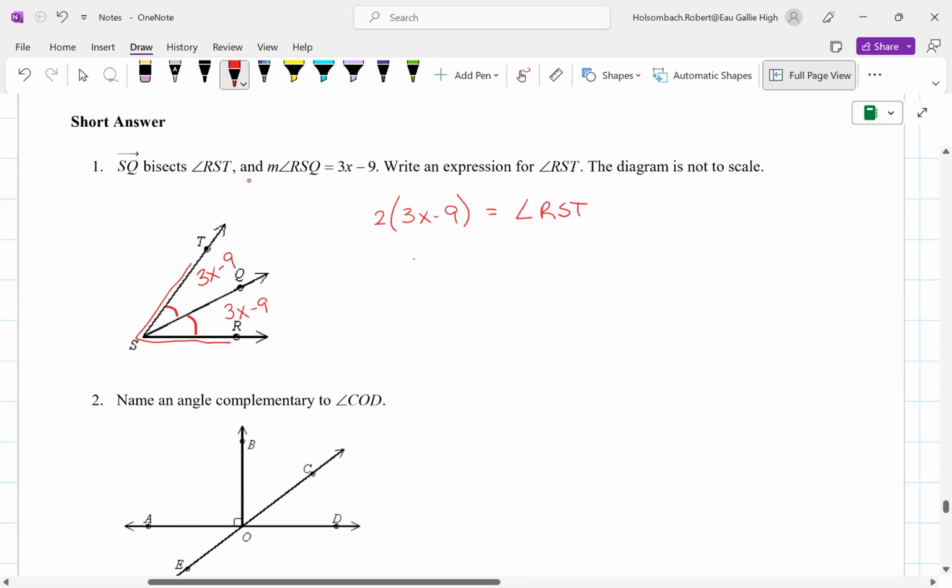So the expression that we're looking for is this 2 times 3x, which is 6x, and the 2 times the negative 9, which is negative 18. So there's your expression for angle RST, given that information.